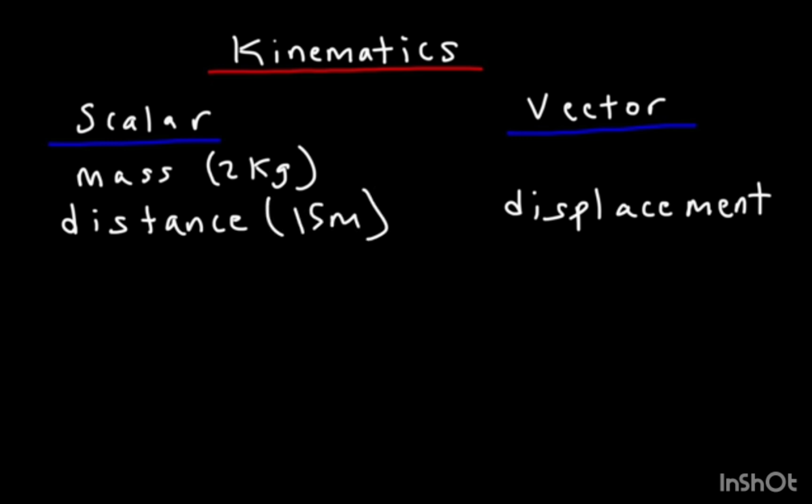But let's say if someone traveled 15 meters east, now you're describing displacement. You're describing not only how far he traveled, but also where he traveled. So think of displacement as distance with direction. Now technically, displacement is really the change in the position of an object. So along the x-axis, you could describe displacement as the final position minus the initial position.